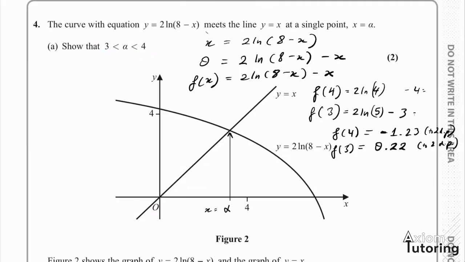It's saying that when we input the value of 4 into our function that comes from solving for the intercept of our curve and our line, we're getting a negative number. And then when we compute x equals 3 into that same function, we're getting a positive number. So there is a sign change here.